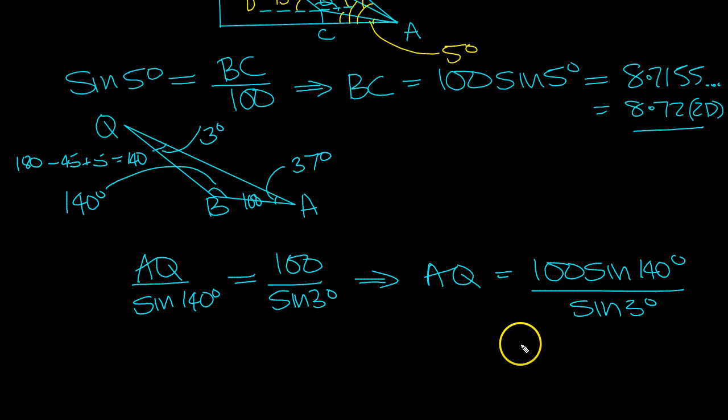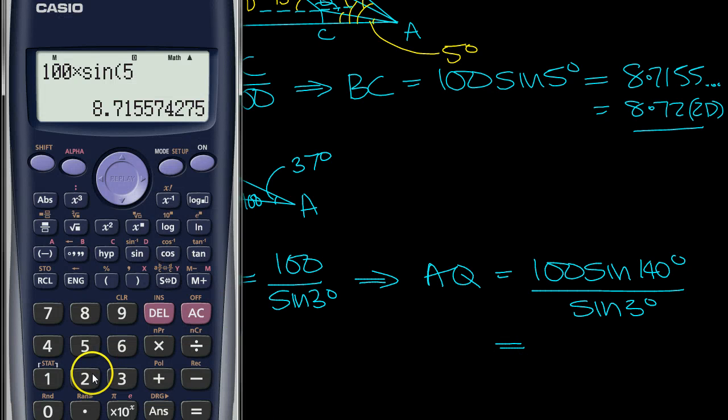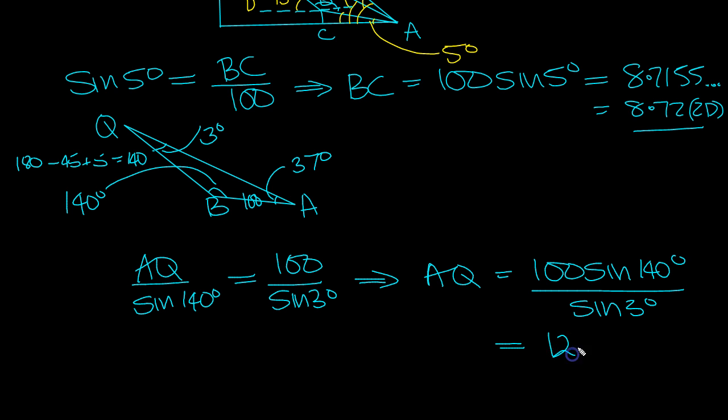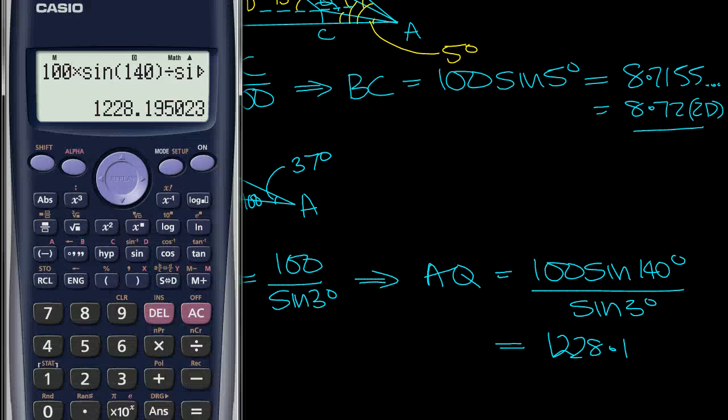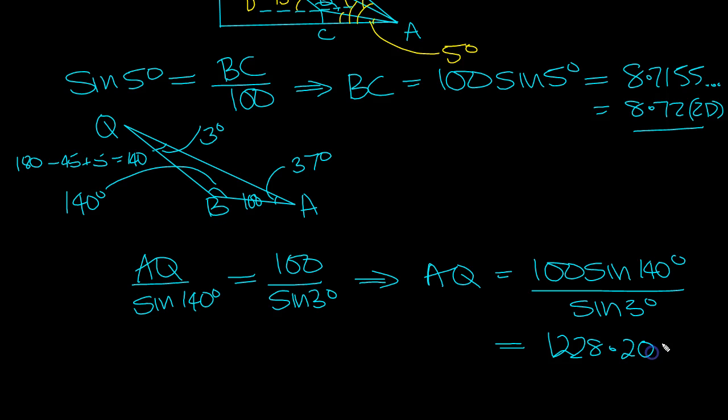So that's 100 times sine 140 divided by sine 3. That's 1228.19, to 2 decimal places. That would be meters, because we're working in meters.